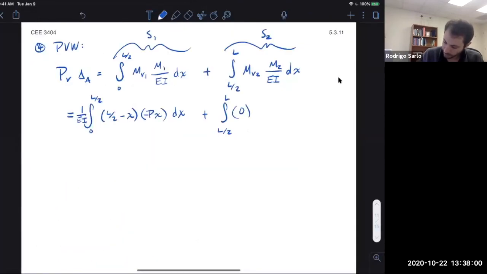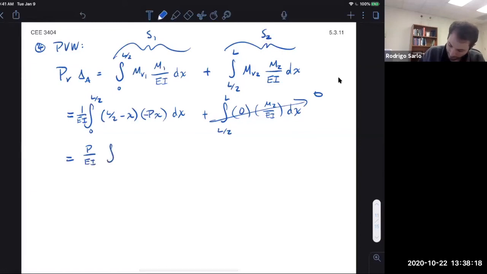So 0. Doesn't really matter what that is because that's all 0. Okay. And so I just focus on this side. I can take the P out as well. I get Lx over 2 minus x squared dx.